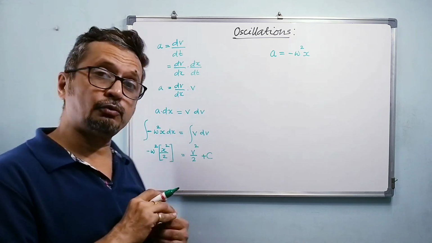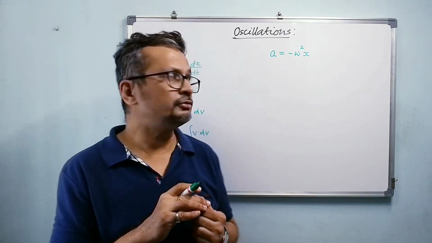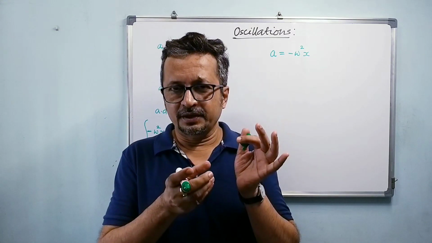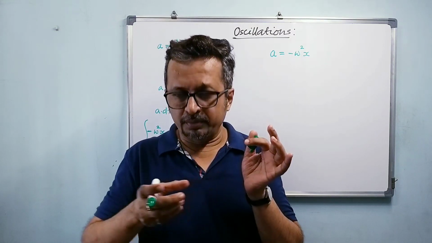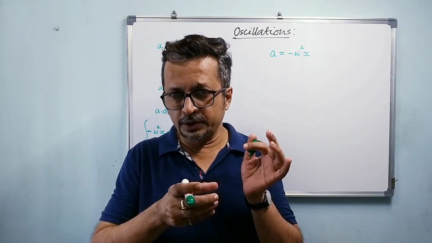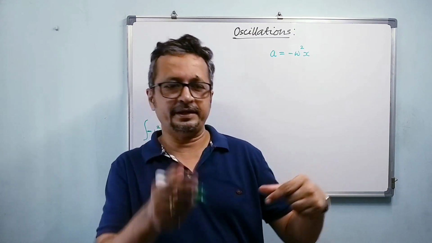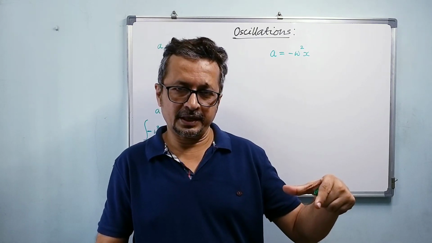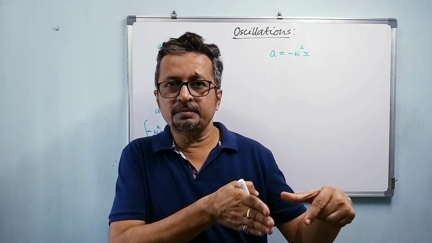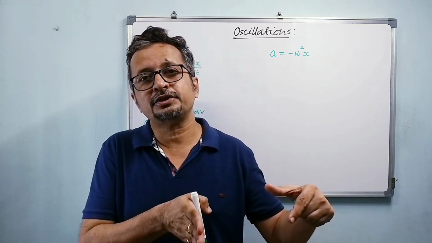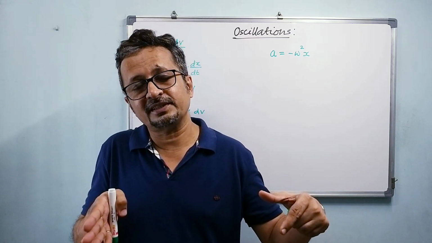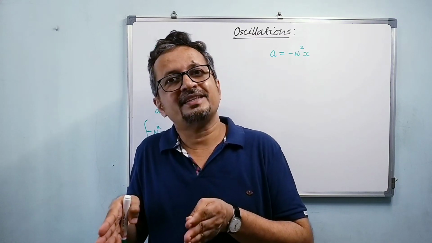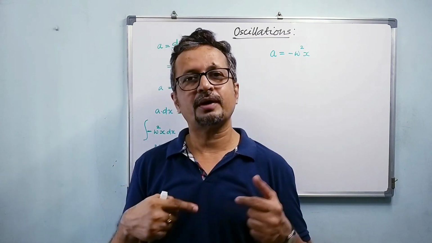When I say boundary condition, just imagine this. The bob is pulled towards the right, and you leave it, correct? It comes to the mean position, but then it keeps on moving straight, isn't it? And then it reaches the other extreme position, and from that extreme position it is going to come back.